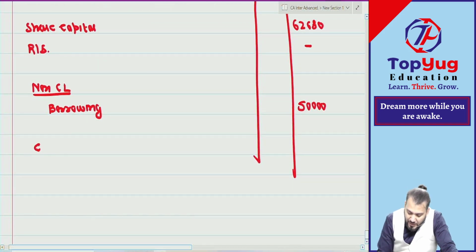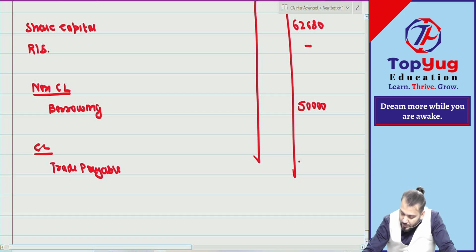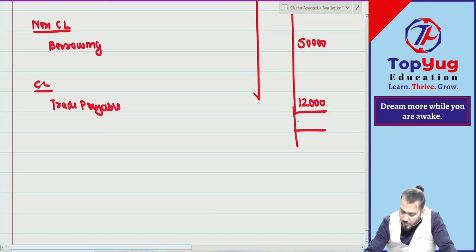Then, is there any current liability? Trade payable. There is no change in that. How much? 12,000. Total 1,24,680.